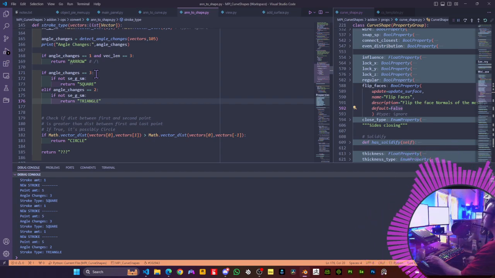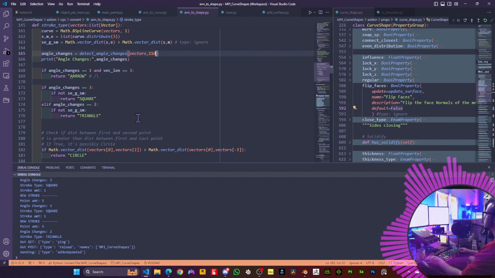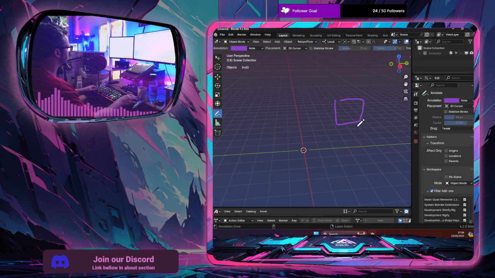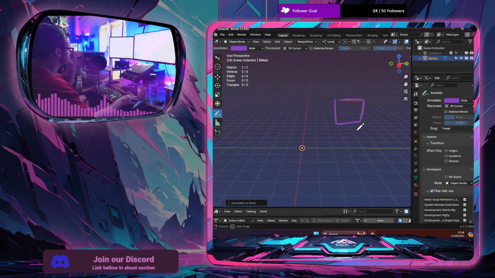But now that I have more points, I can actually increase this to 10, I think. Let's test that. Well, in this example, it's probably gonna work, but I keep testing. Okay, so now that's a square.